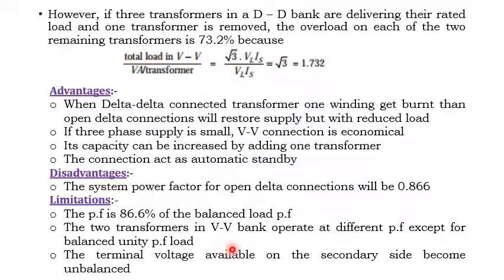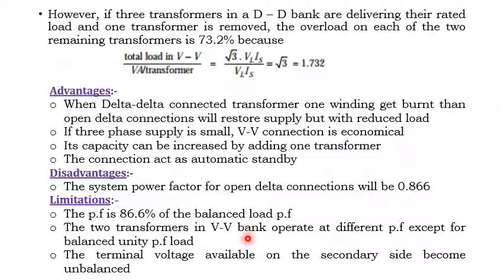The two transformers in the VV bank operate at different power factors except for balanced unity power factor. Whichever two transformers you find in the VV bank, that is the open delta configuration, both can operate at different power factors except unity. So both will not operate at unity power factor, both will operate at less than unity power factor.